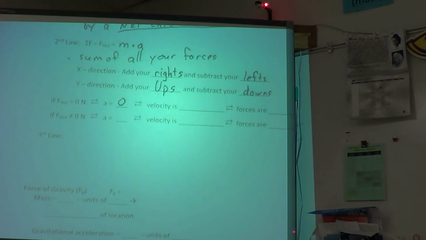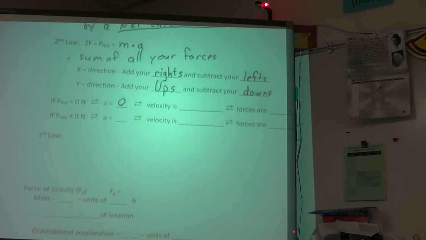An object accelerates when the forces are unbalanced. So if the sum of all your forces adds up to 0, meaning I add my rights and subtract my lefts and get 0, my acceleration is 0.